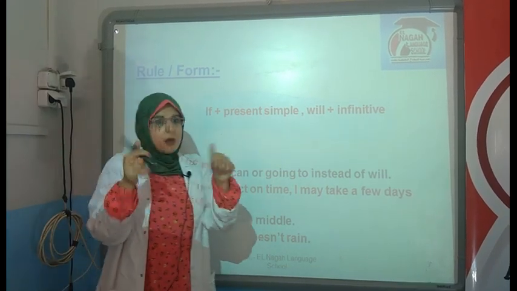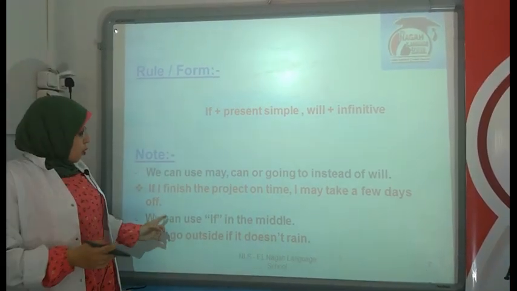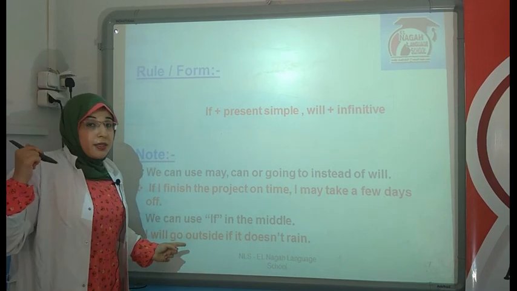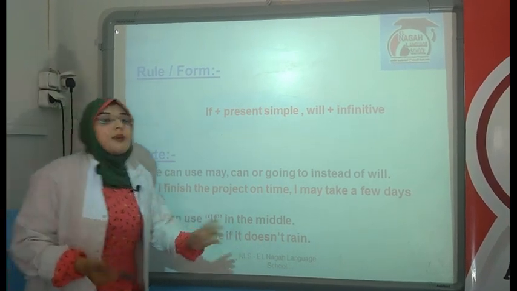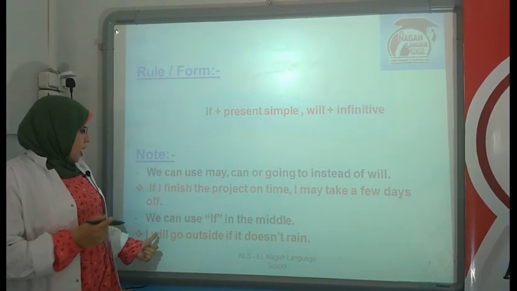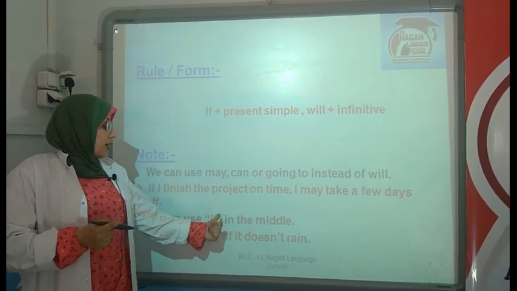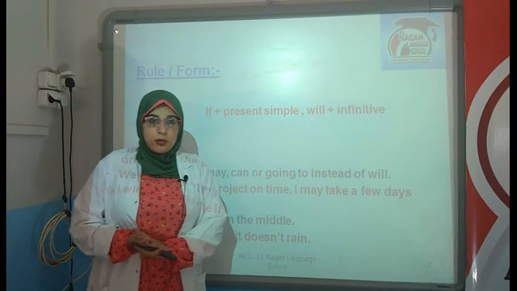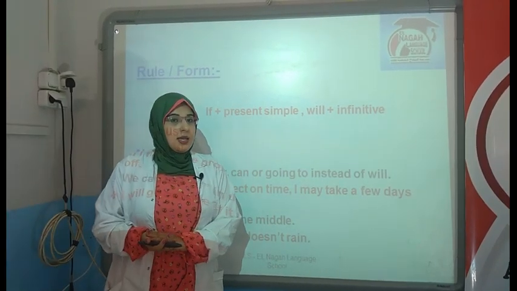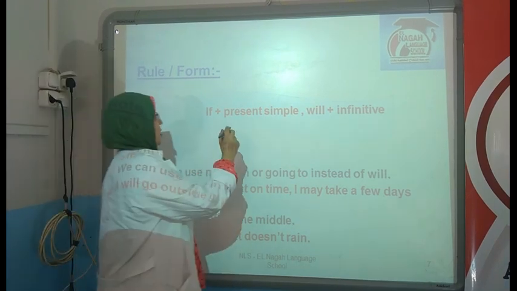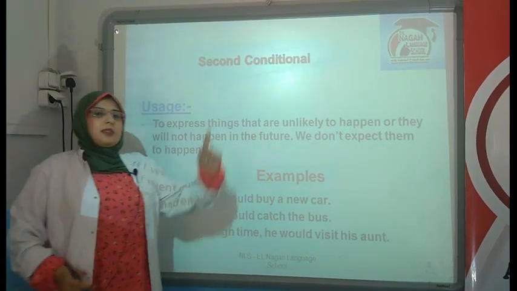Both of them are right. Also, as we said in 0 conditional, we can use if in the middle: I'll go outside if it doesn't rain. Okay? Is it easy? Yes. Let's go on.